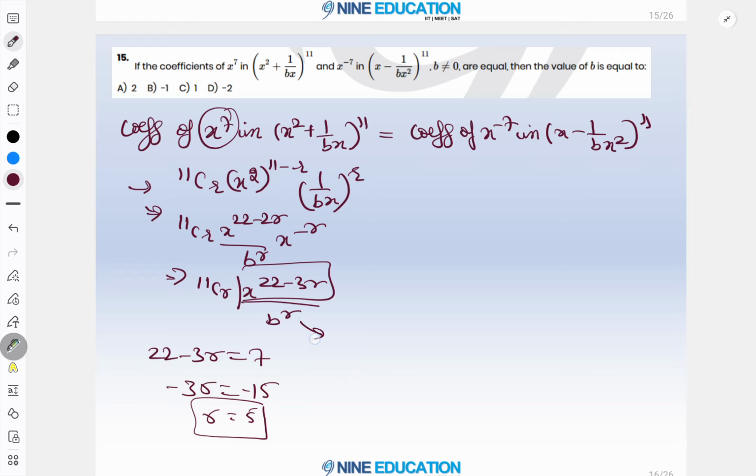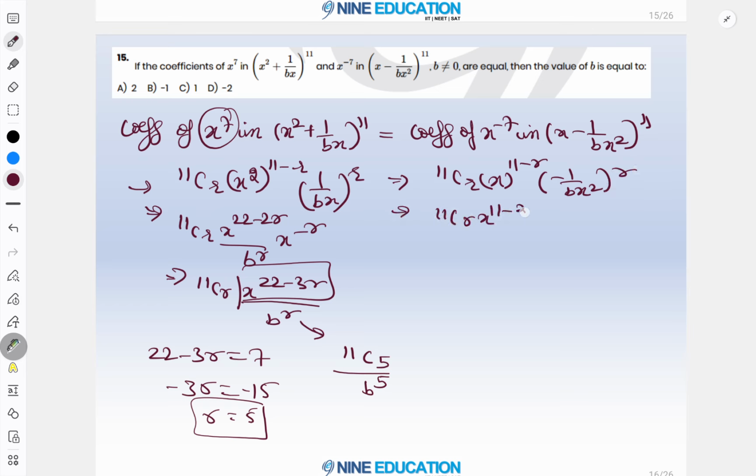So from here what coefficient are we getting? We get the coefficient as 11C5 by b^5, right? And from the other expression, let's again write the general term: 11Cr x^(11 minus r) (minus 1/(bx squared))^r. So that is 11Cr x^(11 minus 3r) (minus 1/b)^r. Again we want the coefficient of x^(minus 7), so this exponent should be minus 7, hence minus 3r should be minus 18, so r should be 6.